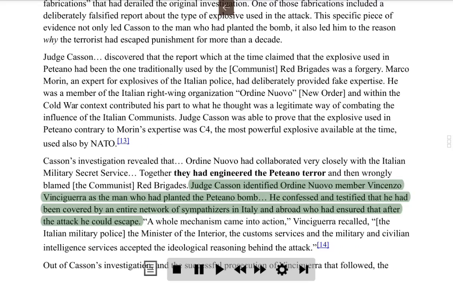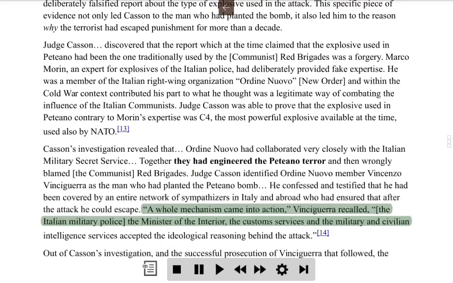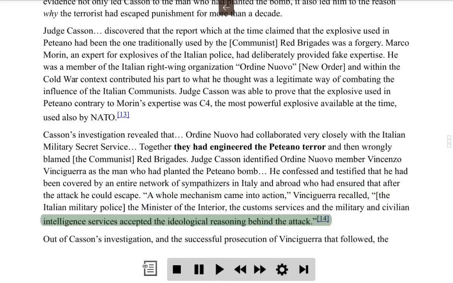He confessed and testified that he had been covered by an entire network of sympathizers in Italy and abroad who had ensured that after the attack he could escape. A whole mechanism came into action, Vinciguerra recalled. The Italian military police, the Minister of the Interior, the customs services and the military and civilian intelligence services accepted the ideological reasoning behind the attack.